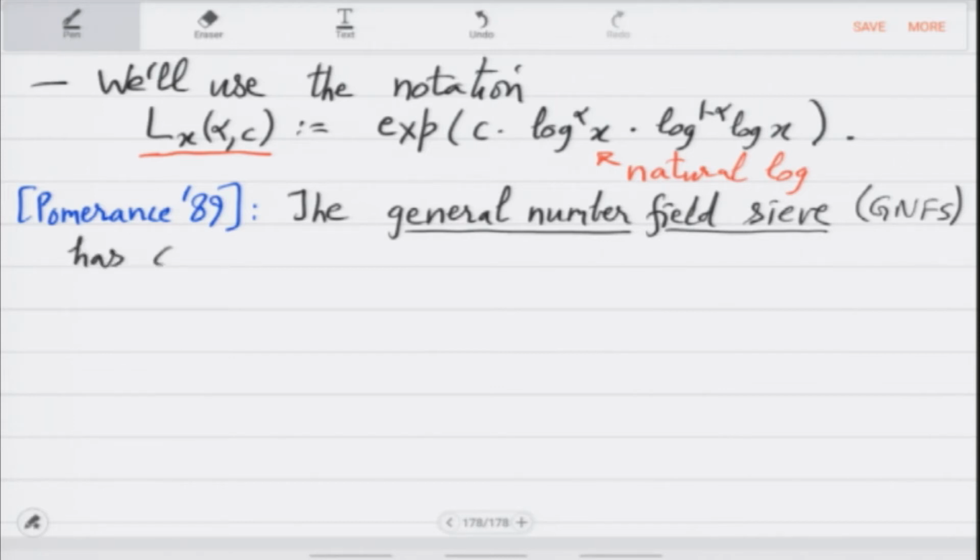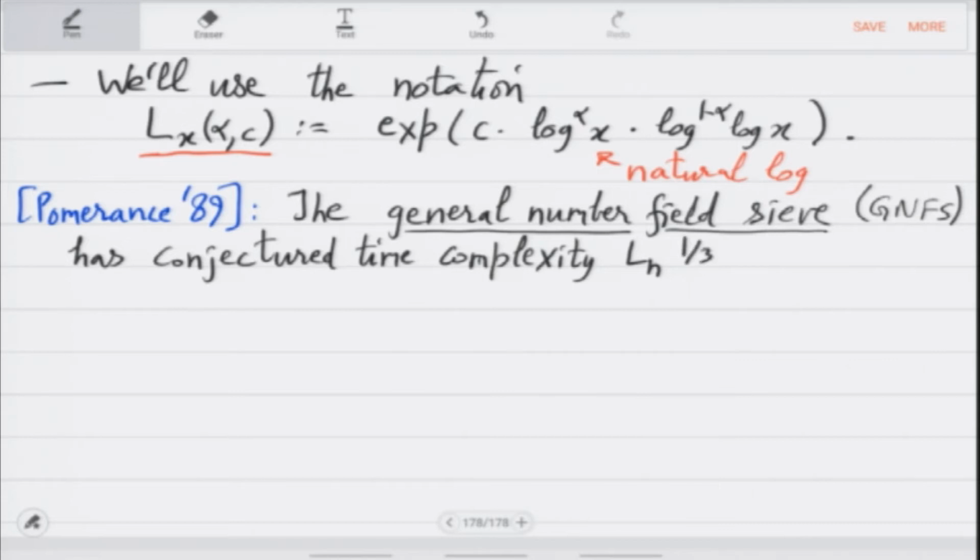It has conjectured time complexity L_n[1/3, 2].